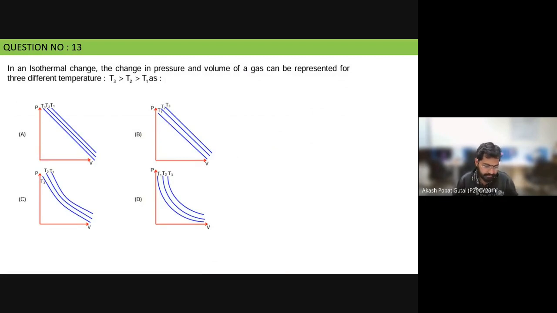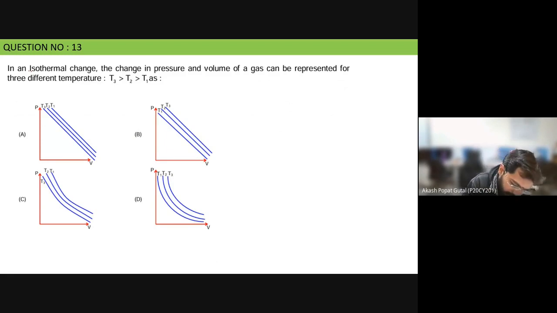Question number 13. In an isothermal change, the change in pressure and volume of a gas can be represented for three different temperatures. T3 is greater than T2 is greater than T1. We need to find out which graph is showing it correctly.